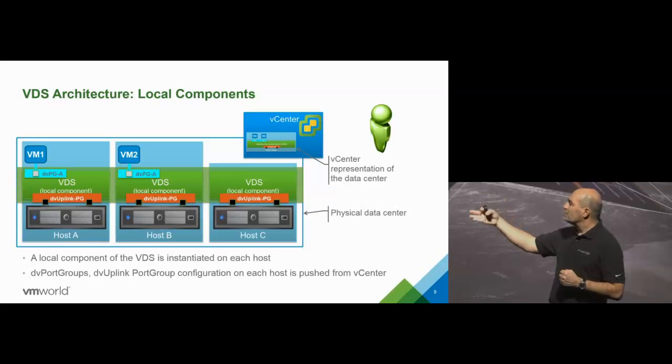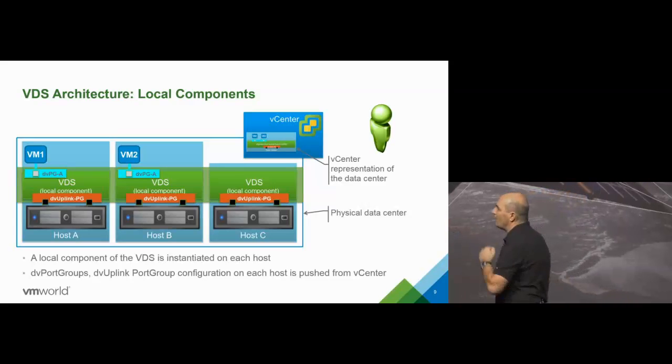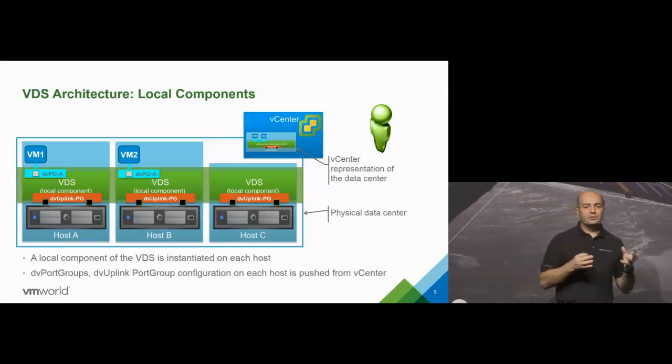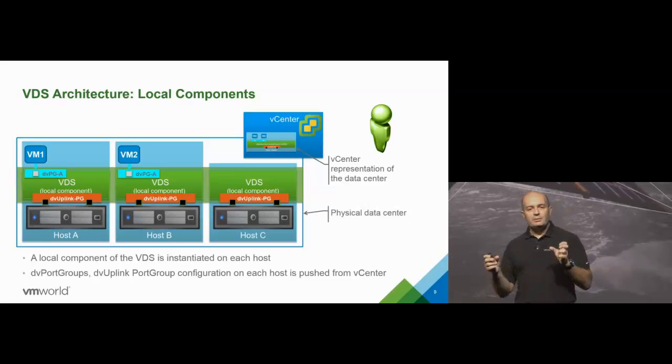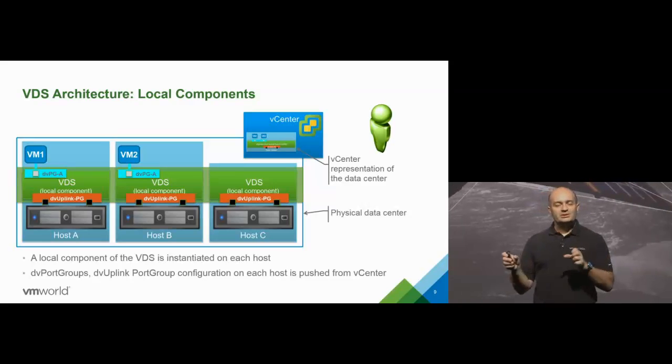But from a practical standpoint, in the physical implementation, you see that our two VMs are on two different hosts, and this DV port group is actually configured on two different hosts too. So this is something you would have had to configure manually with the VSS. This is done automatically for you by the VDS. So that's the big added value of the VDS.